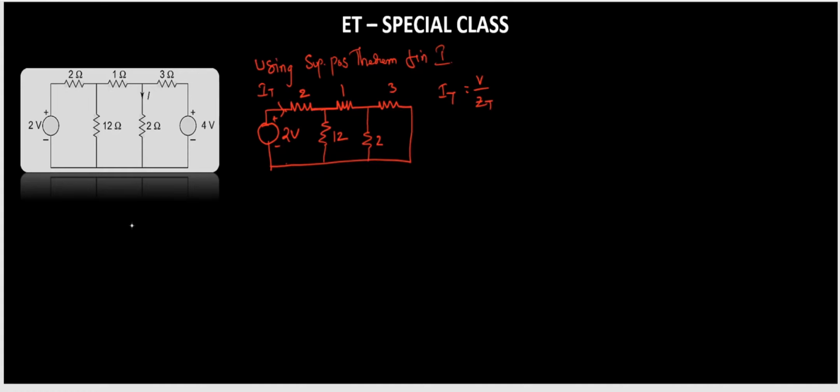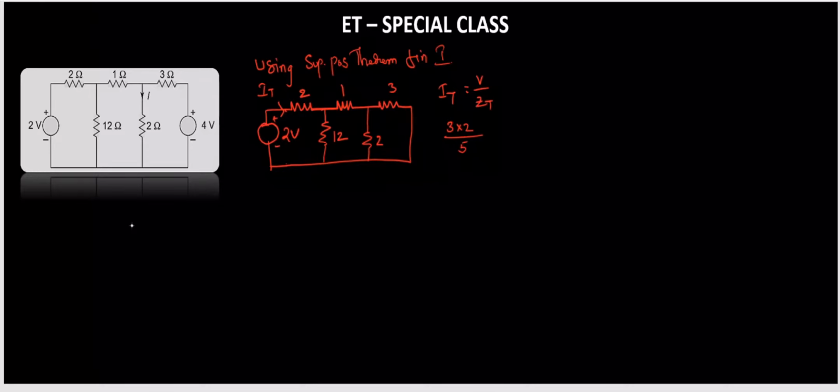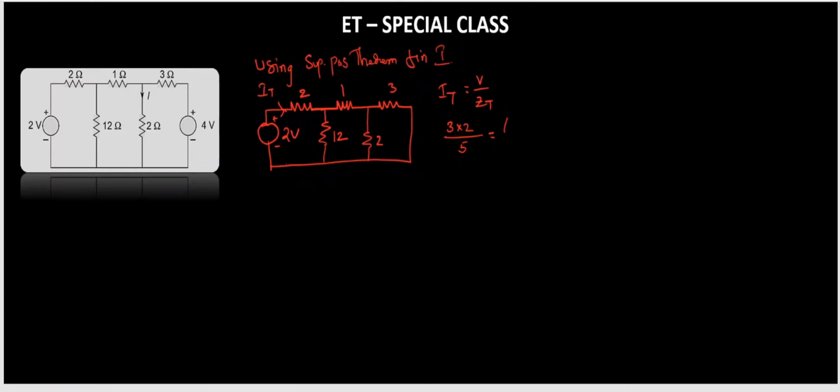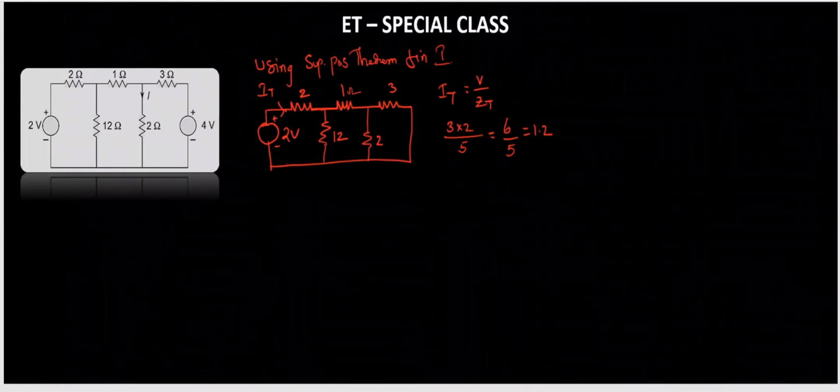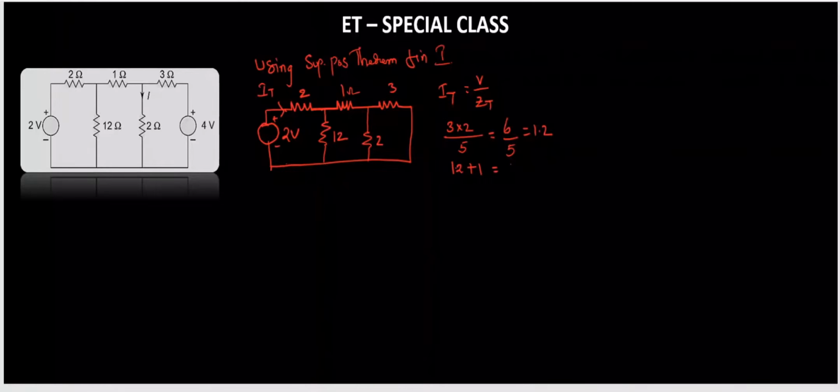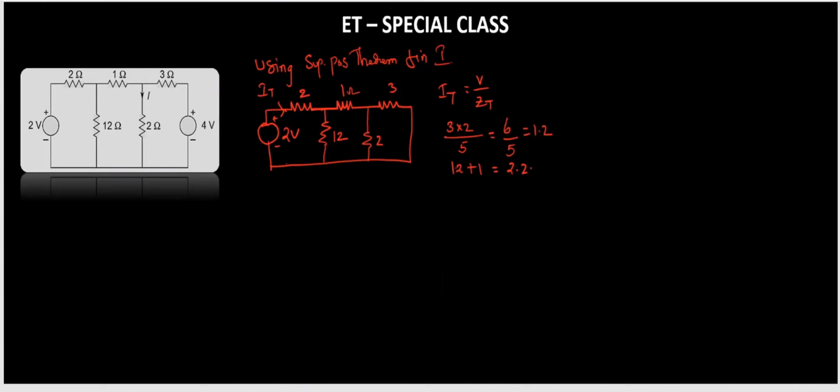So 3 and 2 are in parallel: 3 into 2 by 3 plus 2, that is 6 by 5, which is 1.2. 1.2 is in series with the 1 ohm resistance, so 1.2 plus 1 is equal to 2.2 ohms.